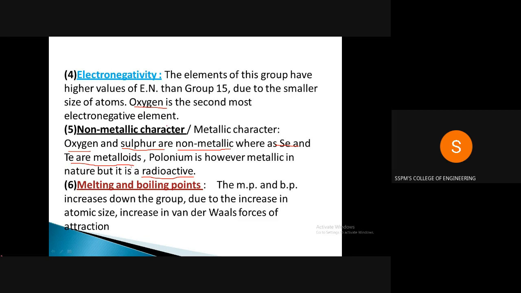Which of the following elements is non-metallic: tellurium, polonium, oxygen, or chlorine? The answer is oxygen. Oxygen and sulfur are non-metallic, selenium and tellurium are metalloids, and polonium is metallic in nature but radioactive.